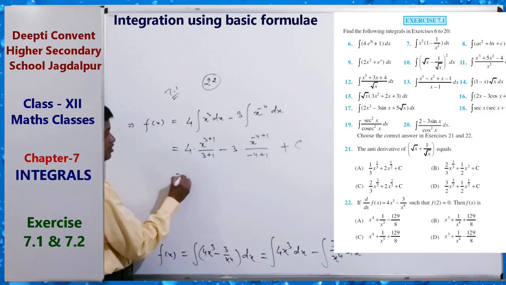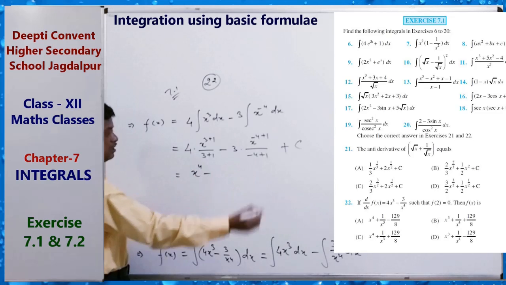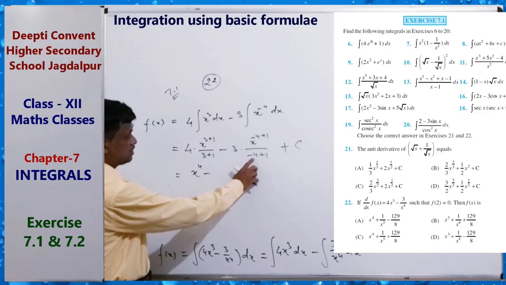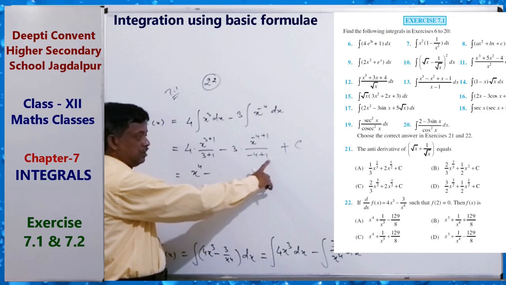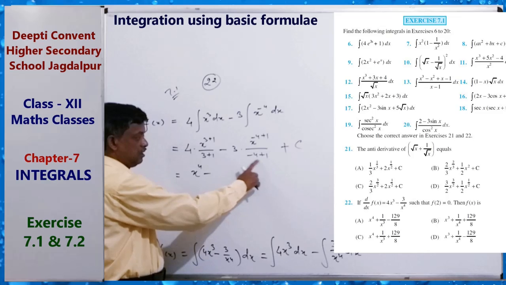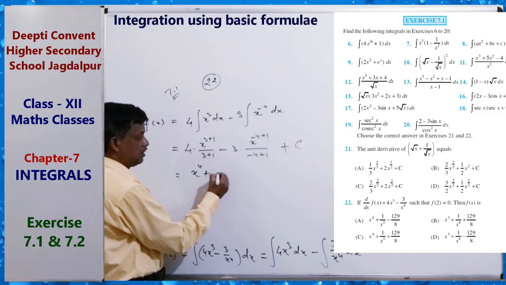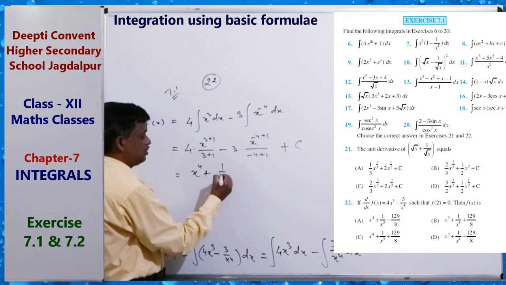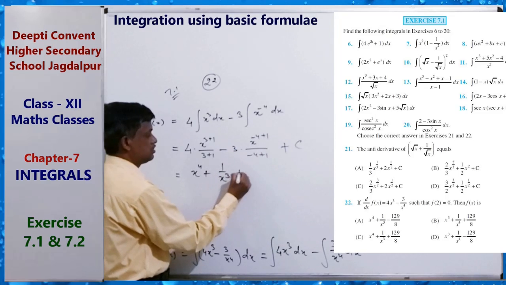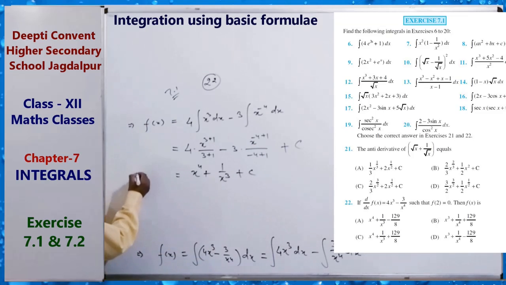Here 3 plus 1 is 4, 4 and 4 cancel, x to the power 4; minus 3, 3 and 3 cancel, minus minus plus, x to the power minus 3, that is 1 upon x to the power 3, plus c. We get f(x) equals this.